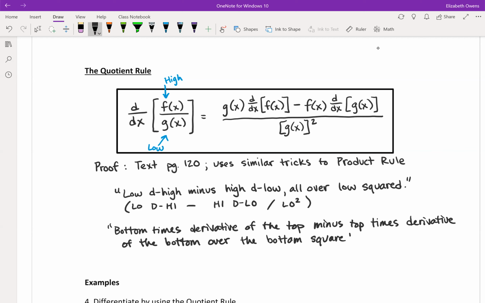That is just somehow what stuck for me, and nobody was saying this low d high, high d low thing. So really, whatever it takes for you, memorize this in one way or another. That's the overall idea.